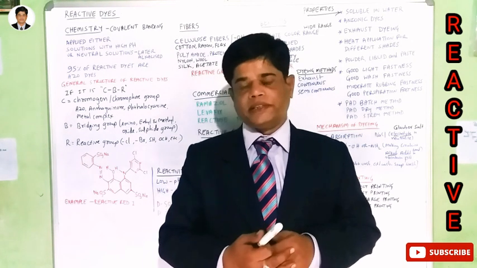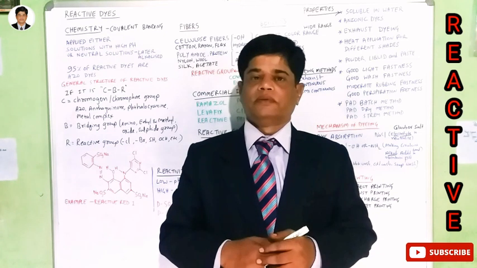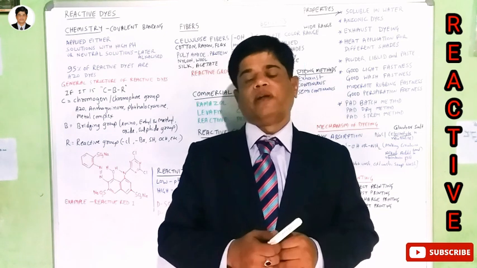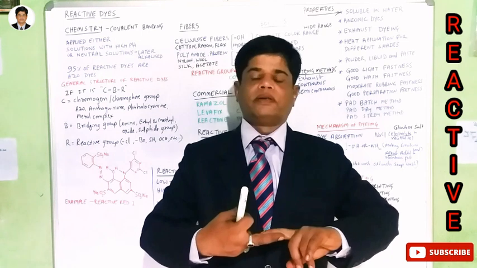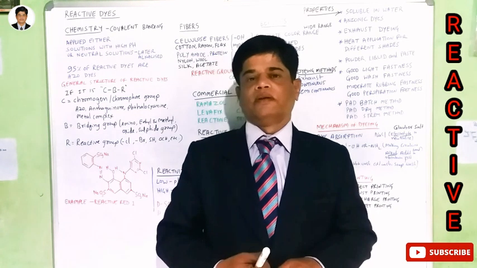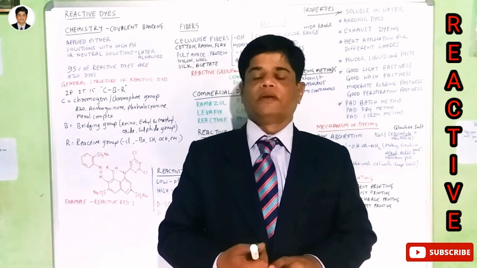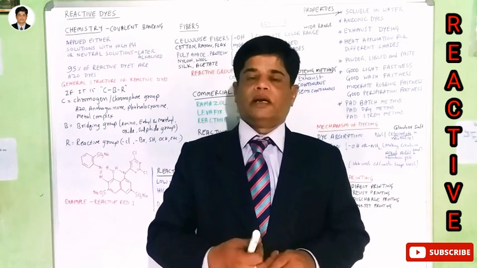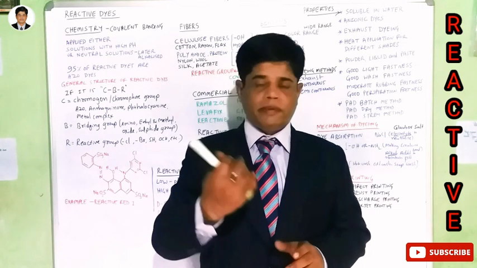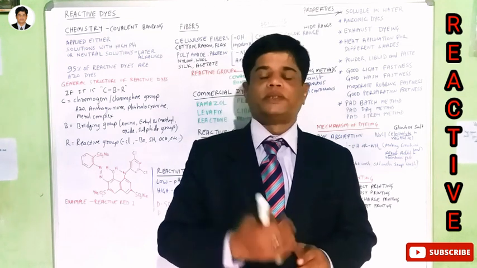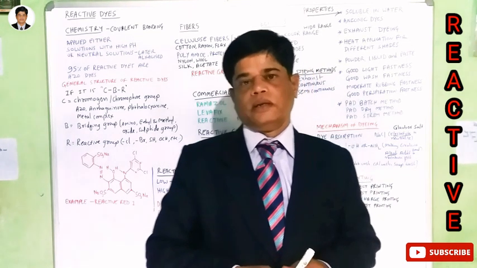You have heard in chemistry about the covalent bond. By making a covalent bond, which is a permanent bond, it's great. In cellulose fibers, hydroxyl groups will be there. In polyamide, amino groups will be there. That is OH groups and NH2 groups.